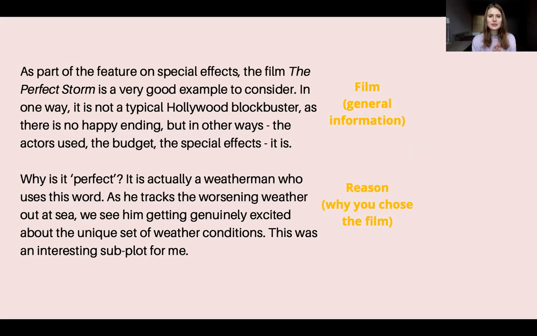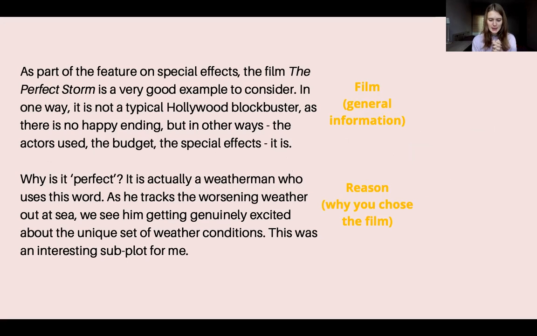So these are the first 2 paragraphs, and they have the same idea. In the first paragraph, the person mentions the film and gives general information about the film, about the type, and about the budget and whatnot. In the second paragraph, the person gives the reason why he or she has chosen this film.